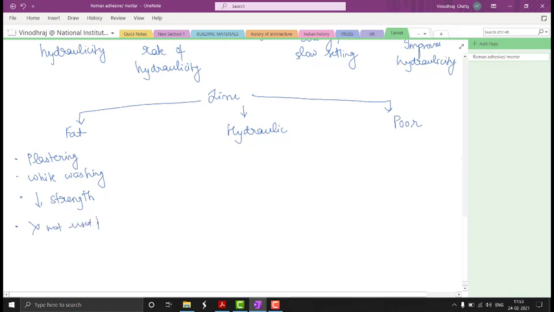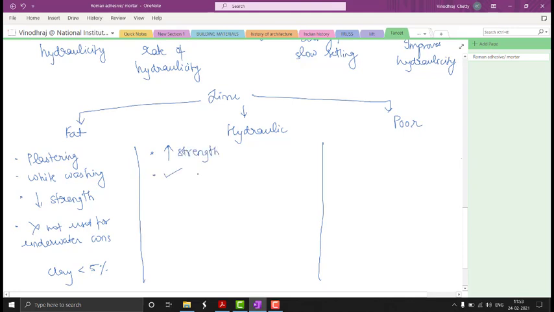Its clay content is less than 5 percent. Similarly, hydraulic lime has greater strength and is used for underwater construction. It usually takes more time to set.